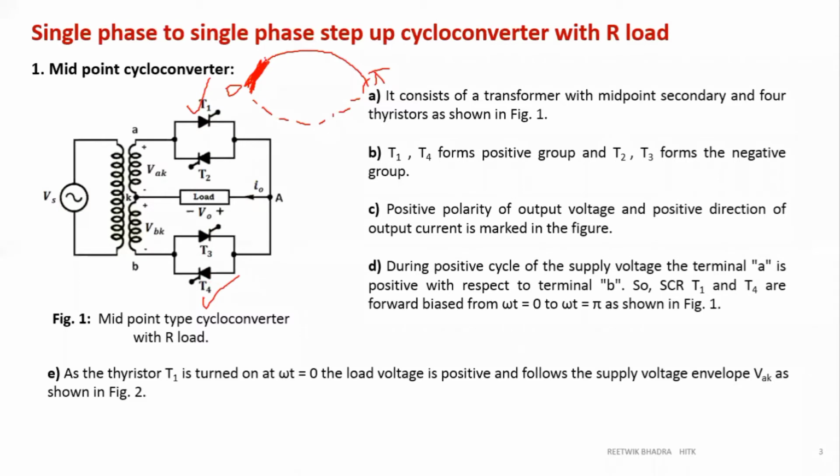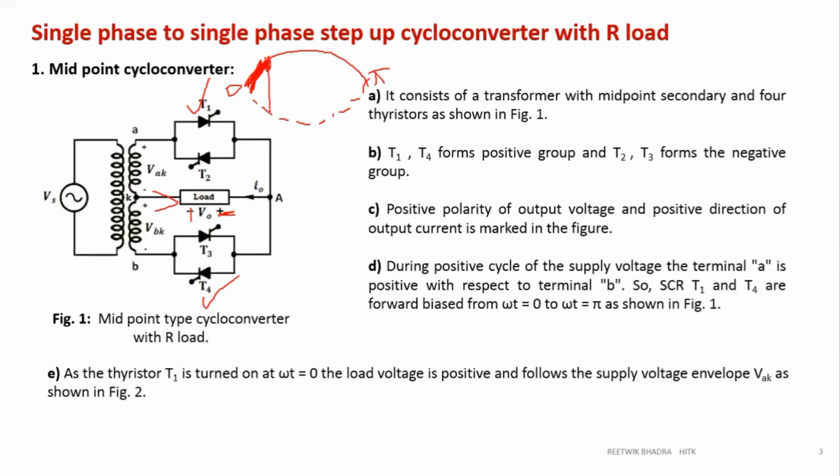So at this point, I am thinking my T1 is off. I am giving a pulse to T4. Now current flows in this direction, right? So current direction has changed. Voltage polarity will change. We are considering R load. Voltage polarity has changed. This has become plus. This has become minus. So now what will be the load voltage? Negative.